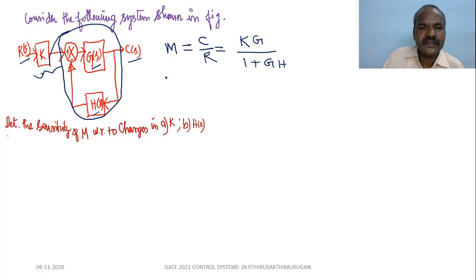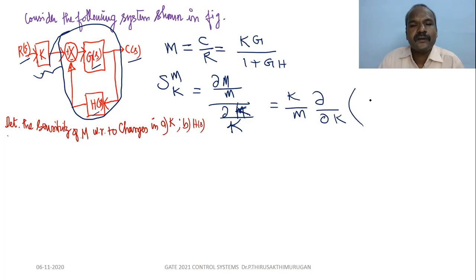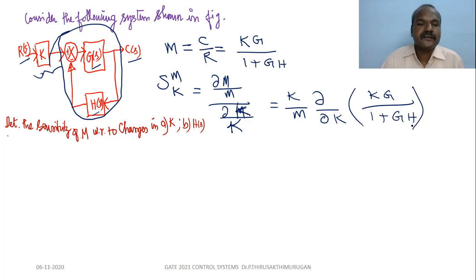Now, what is the sensitivity of M with respect to K? With respect to K, as usual, ∂M by M divided by ∂K by K. That is K by M of ∂M by ∂K, where M is KG divided by 1 plus GH. Understand? Very good.